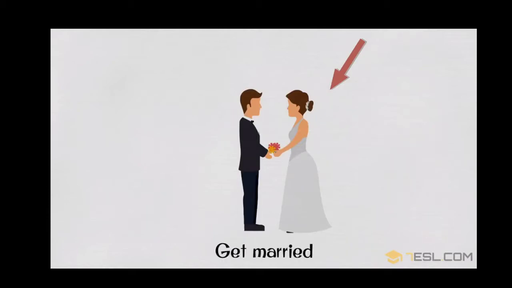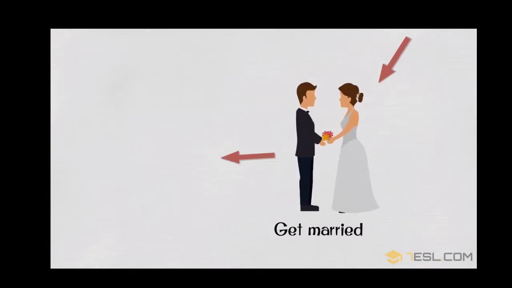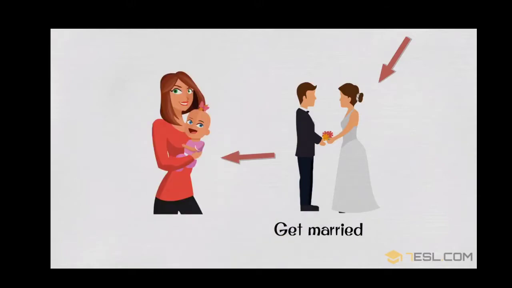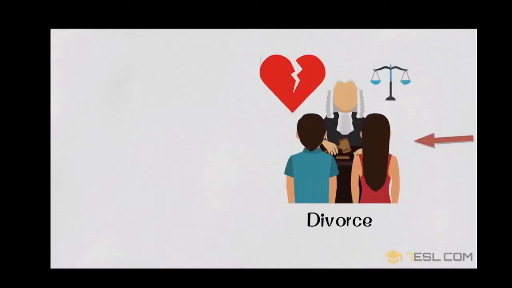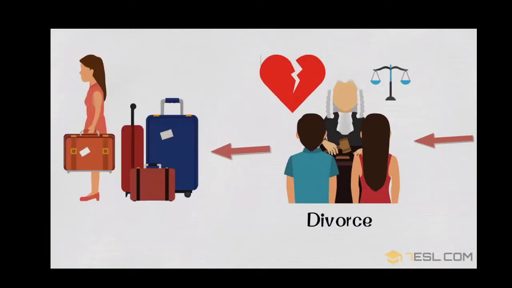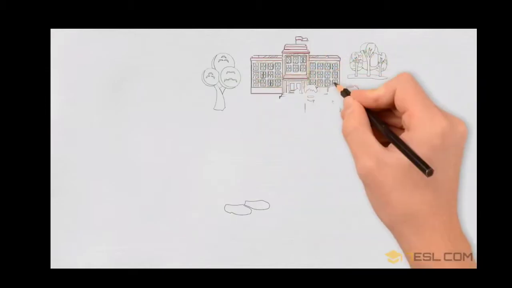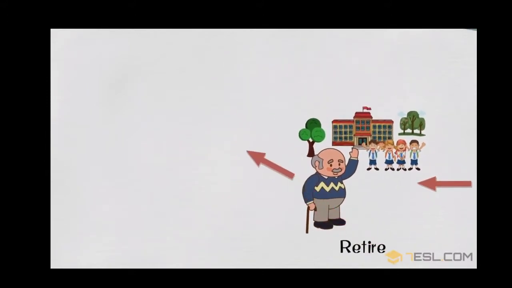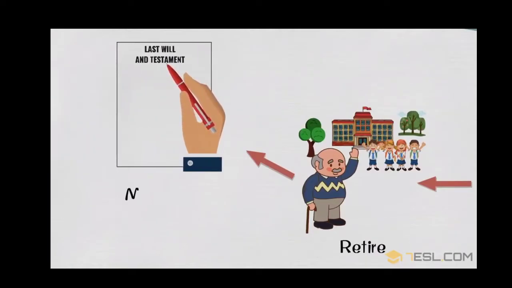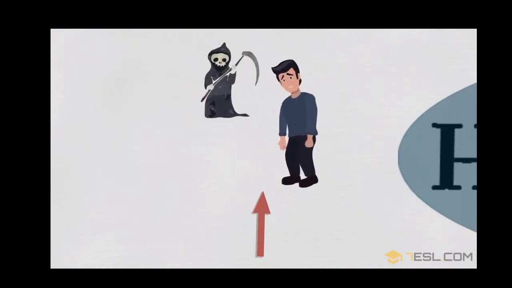Get married. Have a baby. Divorce. Emigrate. Retire. Make a will. Die.